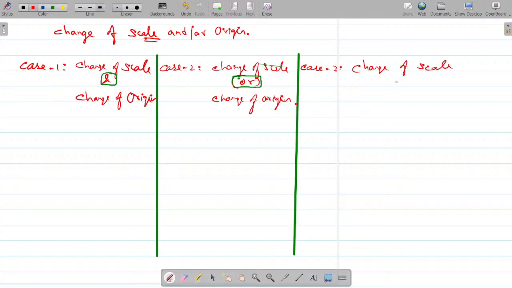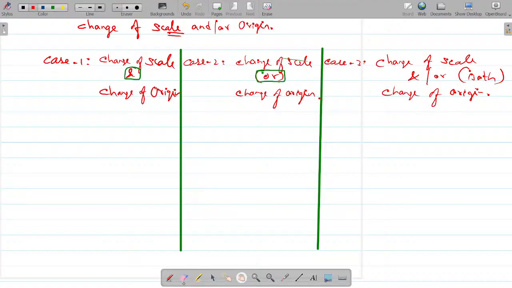Change of scale and/or, which means both, change of origin. Okay. First, let us discuss this with measures of averages. Measures of averages first, then we'll go for measures of dispersion.